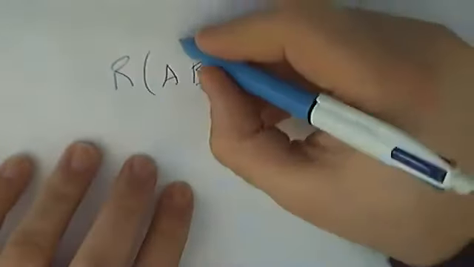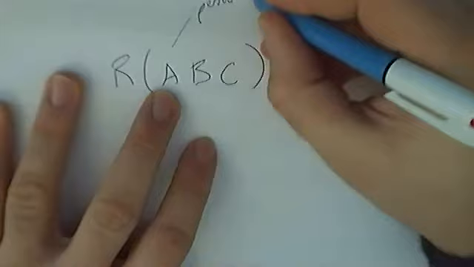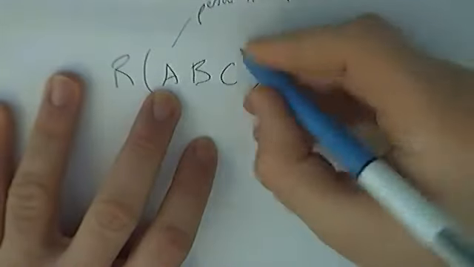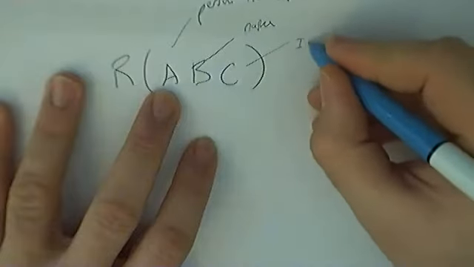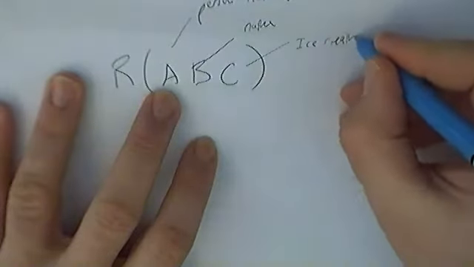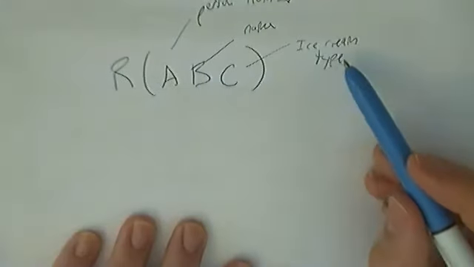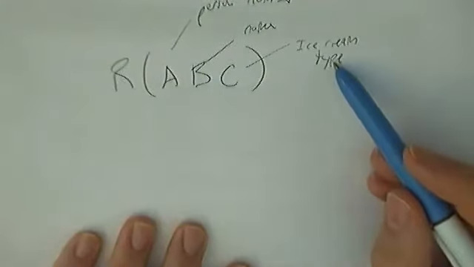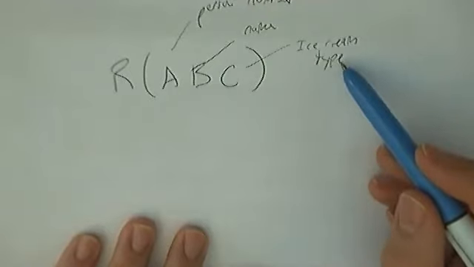All right, so let's see. I have a person number, I have name, and I have ice cream type. The ice cream type could be something like Ben and Jerry's fudge something or other. It could be the new Magnum something or other.